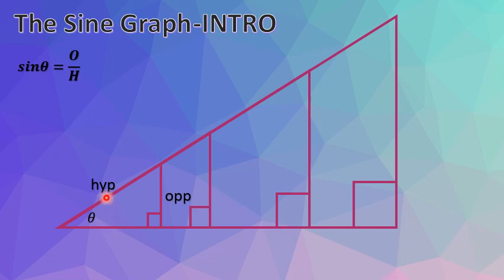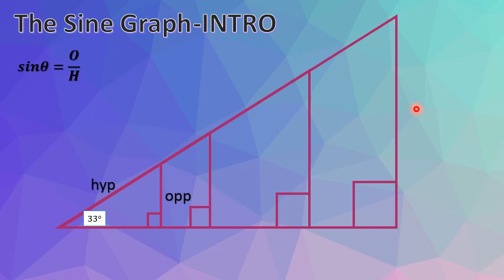As long as you have the same angle in the corner of the triangle, the simplified version of O over H will give you the same value every single time. So for example, I'm just choosing random numbers here. Say you put sine 12 into your calculator. The answer you get when you press your equal button is the opposite divided by the hypotenuse simplified answer, no matter how big the triangle may be.